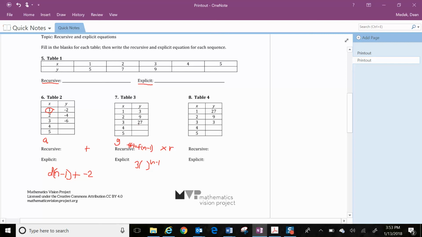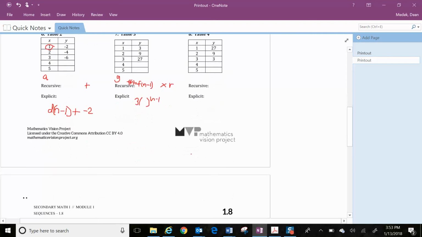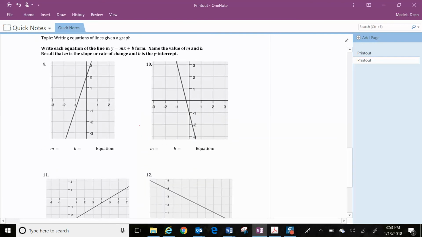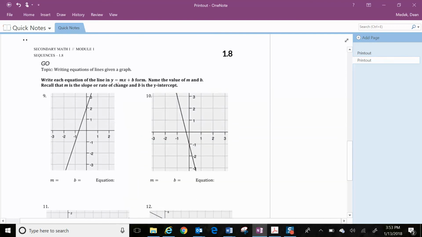Now this one actually is really simple, and can be written a lot easier than this, but I'll let you figure that out. More importantly, and this is what I wanted to give the reminder on, if we're going to write an equation in y equals mx plus b form, that's slope-intercept, with m the slope and b the y-intercept, you need to know what both of those are.